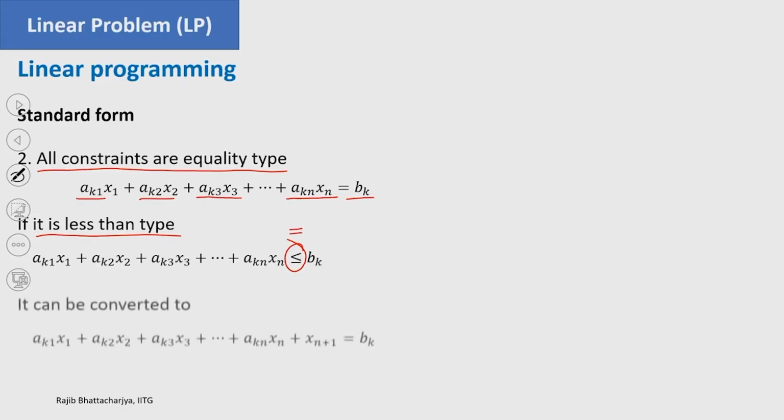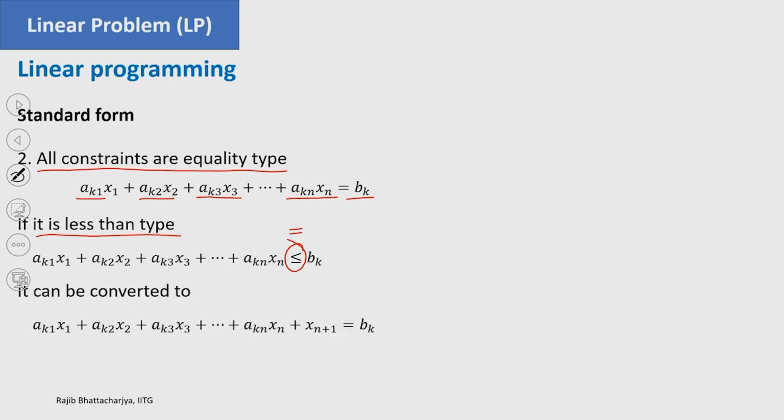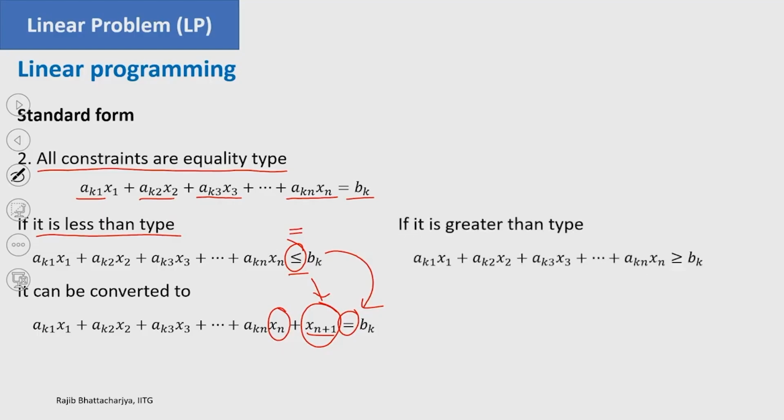It can be converted by adding an extra variable here, x(n+1). We have a total of n variables up to xn, so I am adding another variable in order to make it equal. Now you can see this constraint is an equality type constraint. Earlier it was a less than or equal type constraint, but by adding an extra variable x(n+1), we can convert this particular constraint to an equality type constraint.